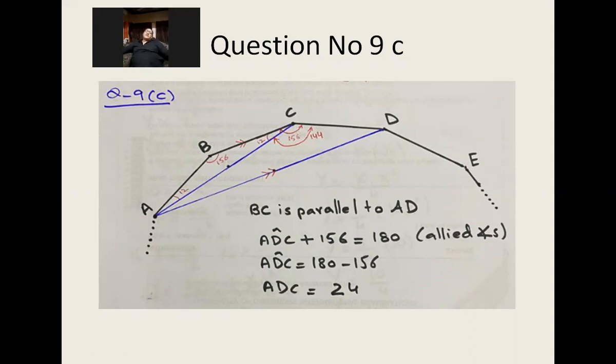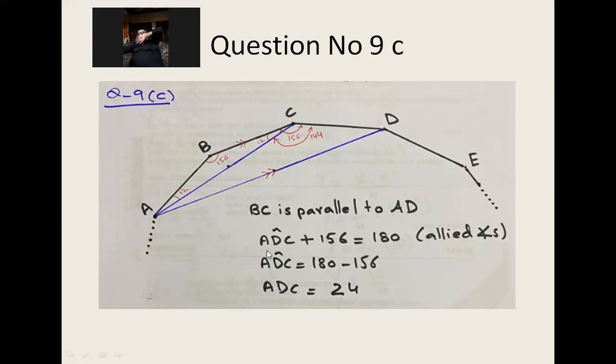Their sum will be 180. They are allied. So these are two parallel lines, and this line cuts them. So this whole angle is 156, and this CDA angle or ADC angle, their sum will be 180. They are allied angles.